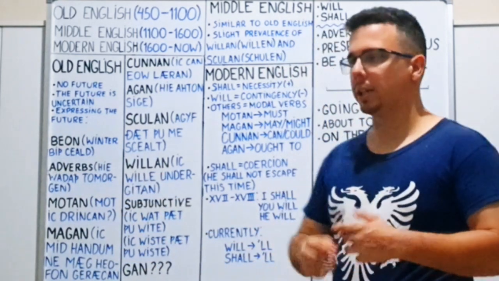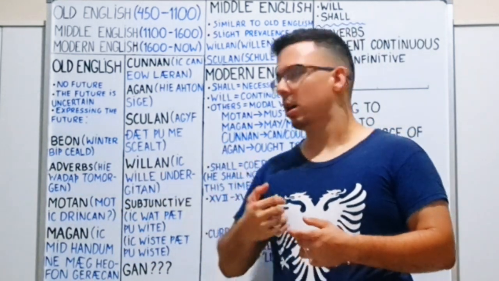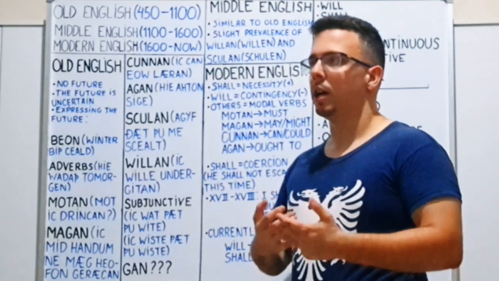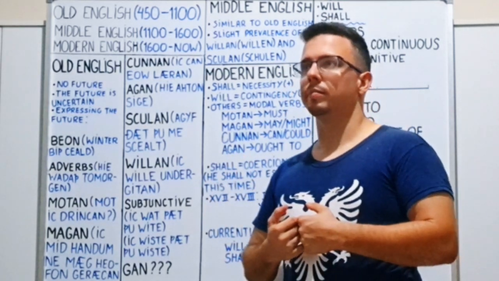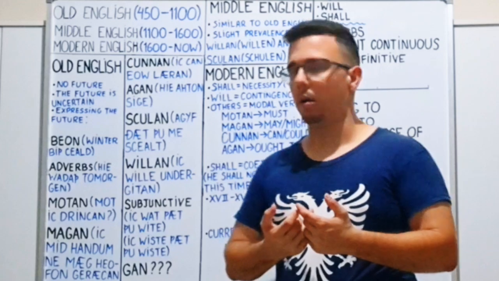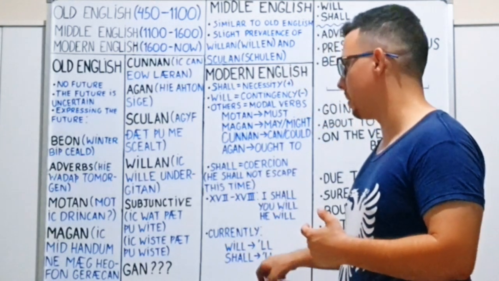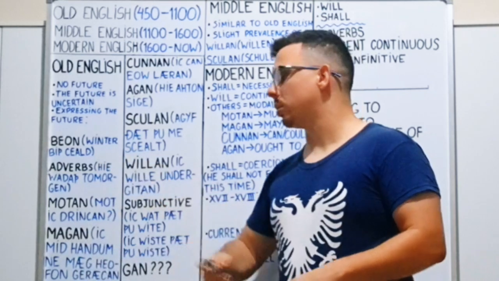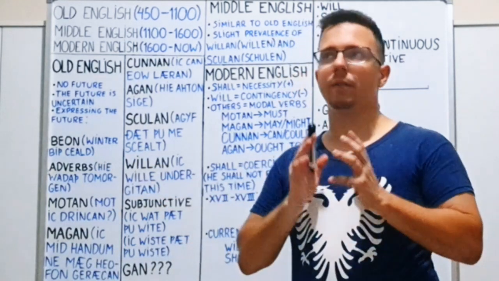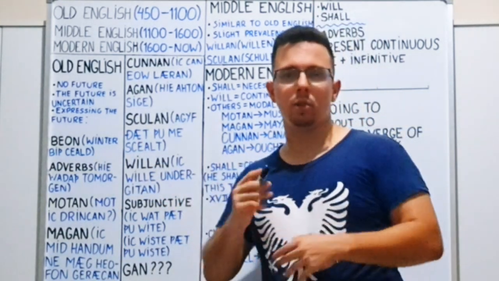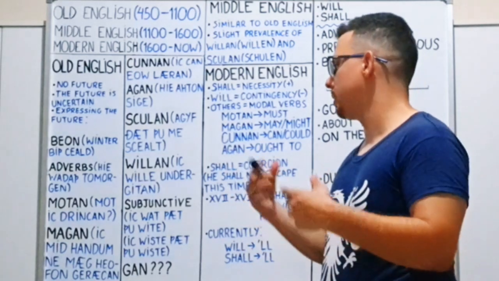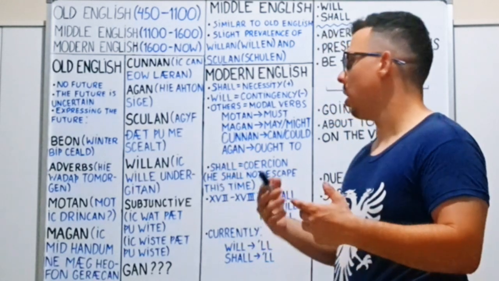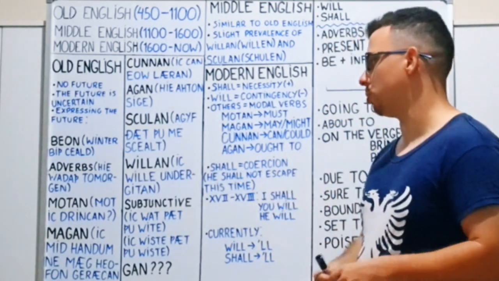So winter was cold last year. Winter is cold now. And depending on global warming, I hope that winter will be cold next year too. So, beon. So if you wanted to convey the idea of present, you would use a different verb like winter feels cold or winter remains cold or something like that.